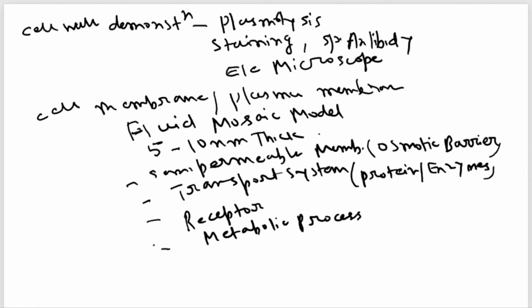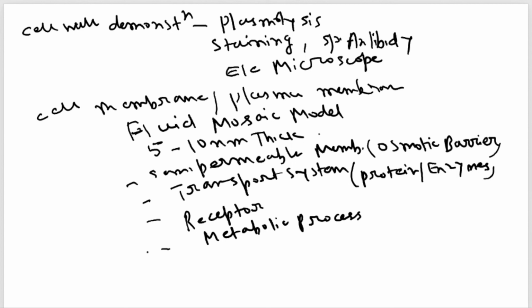Then comes cytoplasmic matrix. We will not go into detail of the cytoplasmic matrix, otherwise it lacks membrane bound organelles in the bacteria, unlike in the eukaryotic cells where the cytoplasmic matrix consists of the membrane bound organelles.